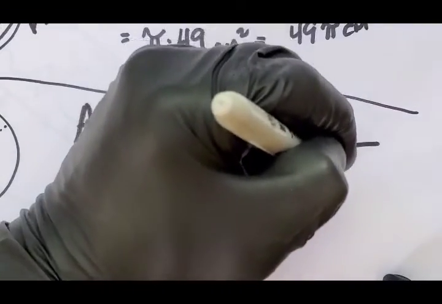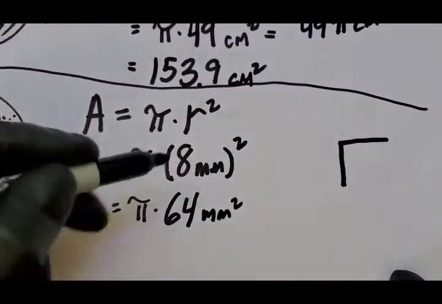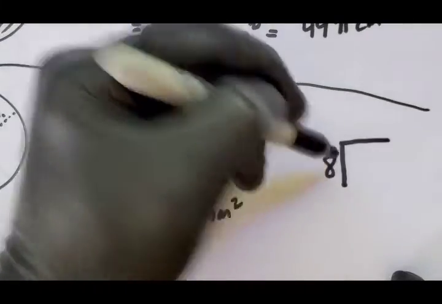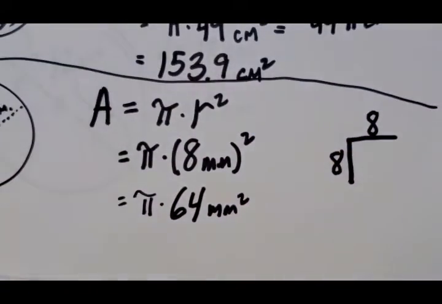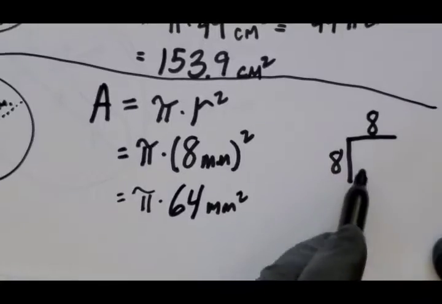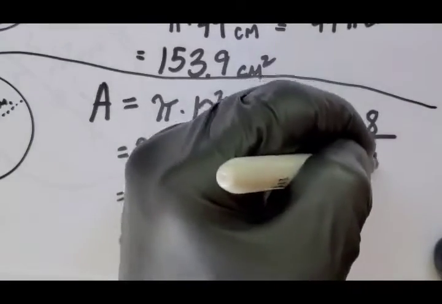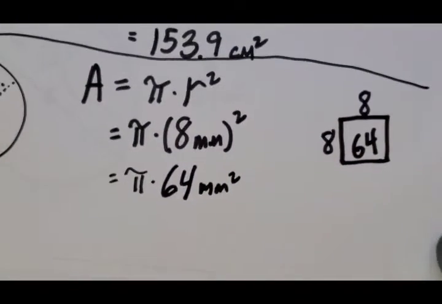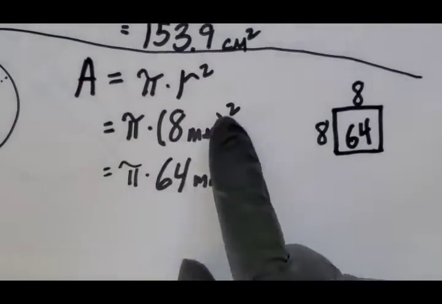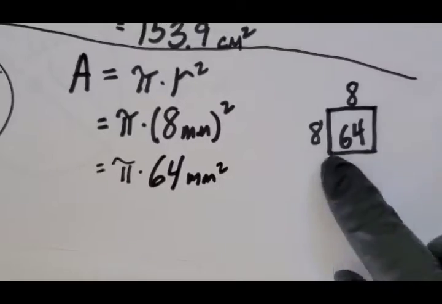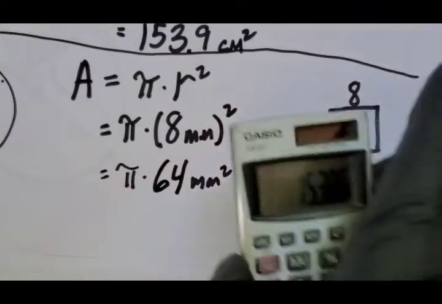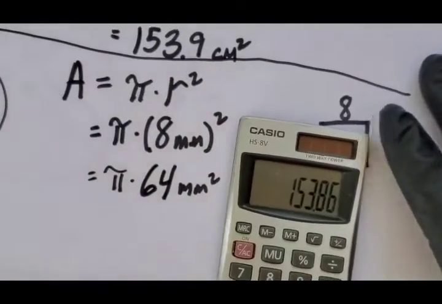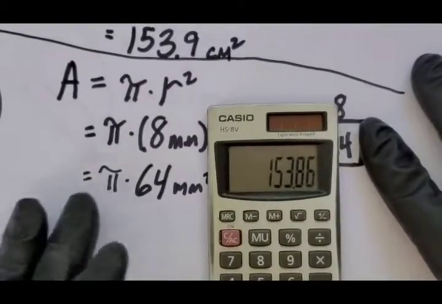You know, when you're squaring something, think about it. It's literally like square units. A square with 8 on each side has what as an area? Not 16, 64. So again, there's another reason why I'm reminding you that when you square a value, you're multiplying it by itself. All right, so our final answer here looks to be around 200 because it's about 60 times 3.